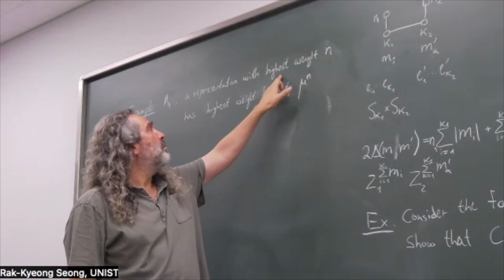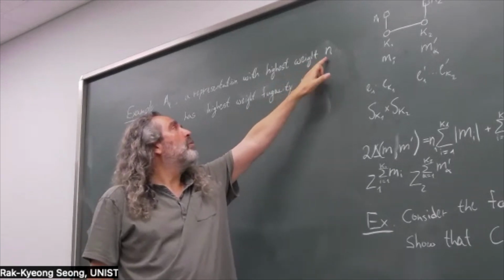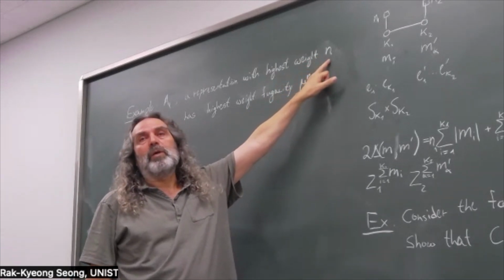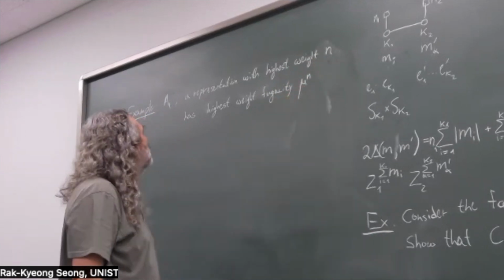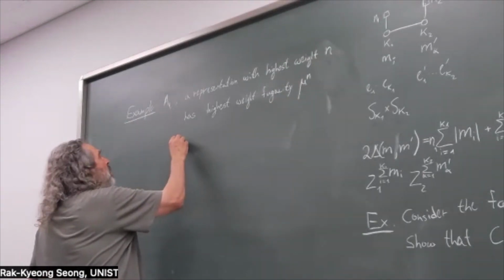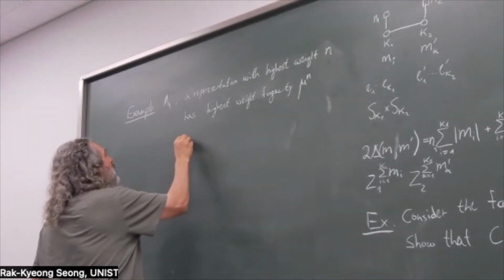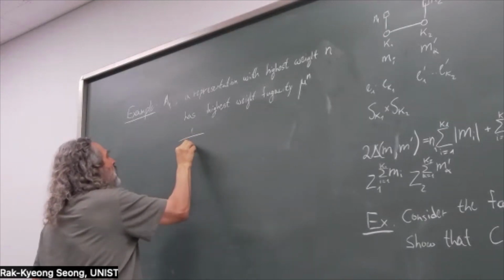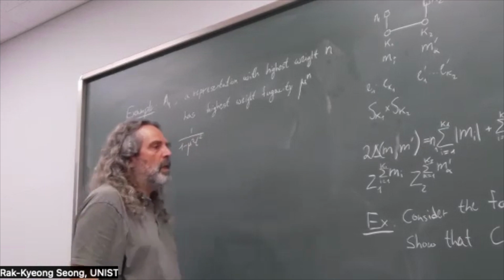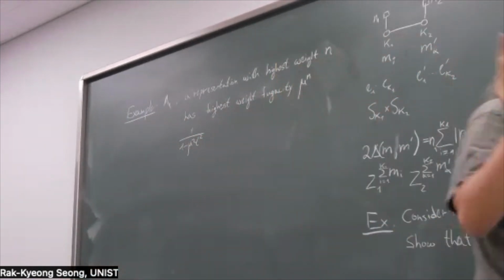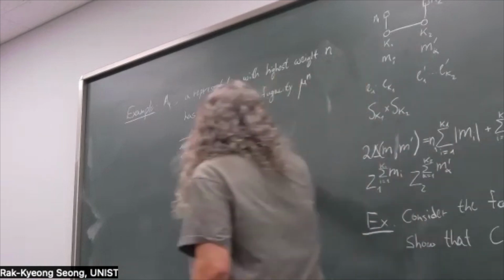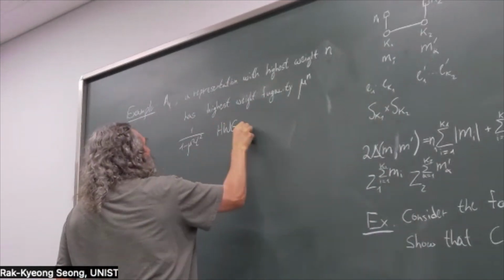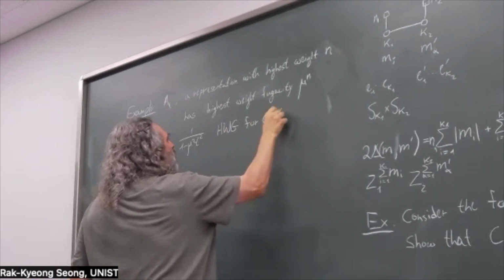But if n is equal to 2, we are dealing with the adjoint representation, and so the highest weight fugacity will be mu squared. And so the expression that we have over there is 1 over 1 minus mu squared t squared. If you look back to the previous lecture, this was the highest weight generating function for C2 mod Z2. That's what we wrote.